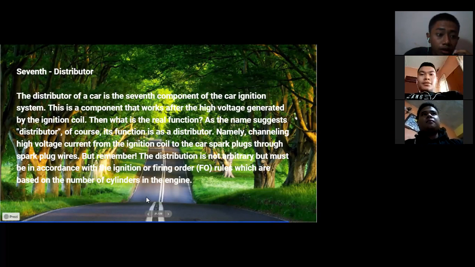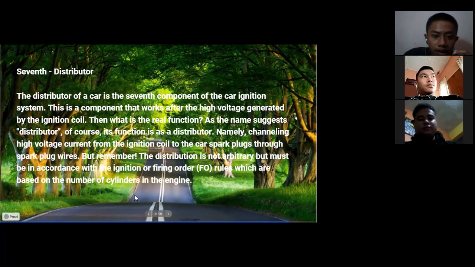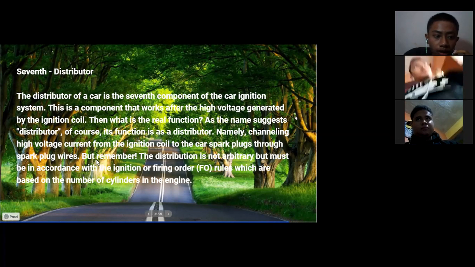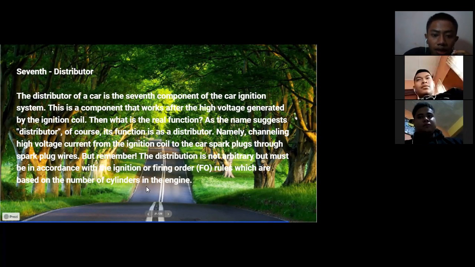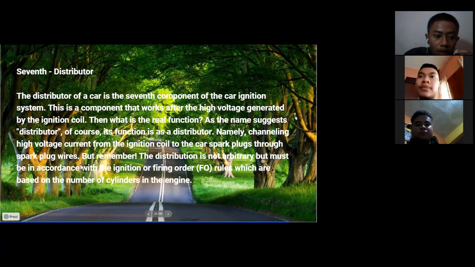Seven, distributor. The distributor of a car is the seventh component of the car ignition system. This is a component that works after the high voltage is generated by the ignition coil. Then what is the real function? As the name suggests, the distributor, of course, functions as a distributor, namely channeling high voltage current from the ignition coil to the car spark plugs, through the spark plug wires.